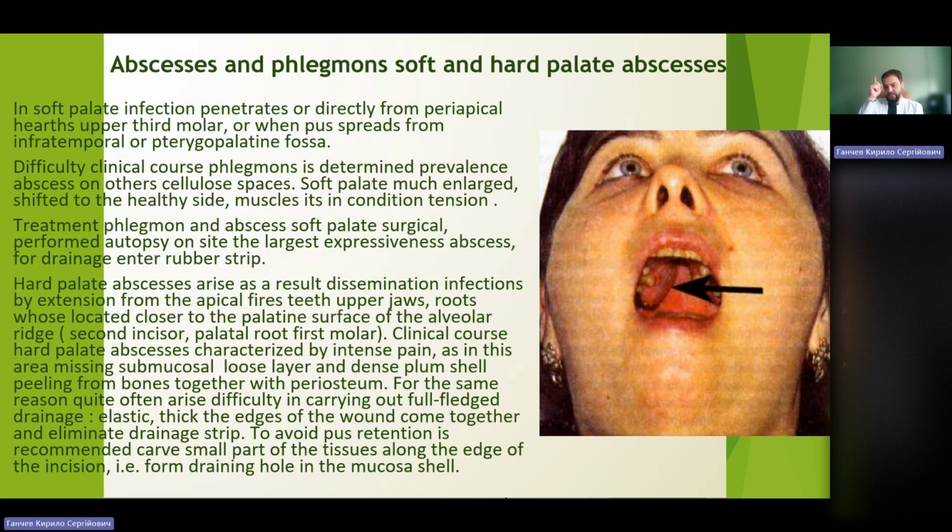Because if you make just a line incision, it doesn't work on the palate, because it heals very fast, so there is no evacuation of pus. That's why we need to make a triangular incision. Here we have the same. So we need to make that incision here, triangular, to have the condition for evacuation of our pus on the palate. That's the first feature.